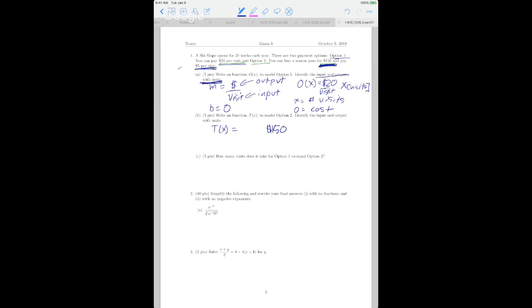And on top of that, I'm going to pay $5 per visit times x, my number of visits. So again, we have T is the output, and the units of that are cost, or dollars. And x, we have number of visits.